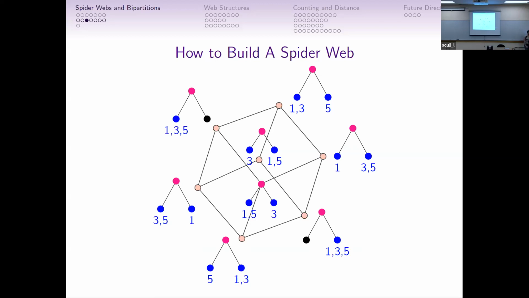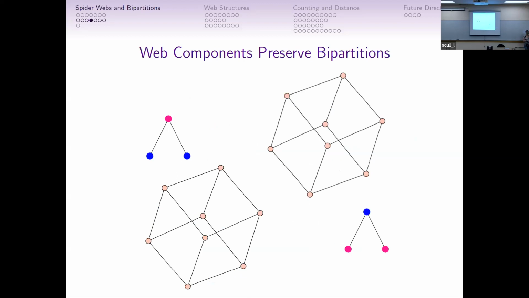This is just half my spider web, because remember, I could have made the opposite choice with my bipartitions. I could have mapped all of my blue vertices to the center and pinks to the outside. That would have given me an identical cube. And because we've established that spider moves always move an image by a length 2 walk, there's no way to spider move my way out of the bipartition, so there won't be any edges between these 2 cubes.